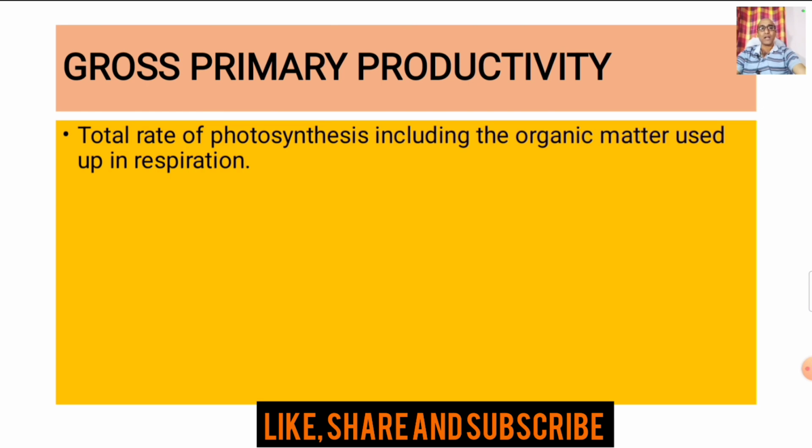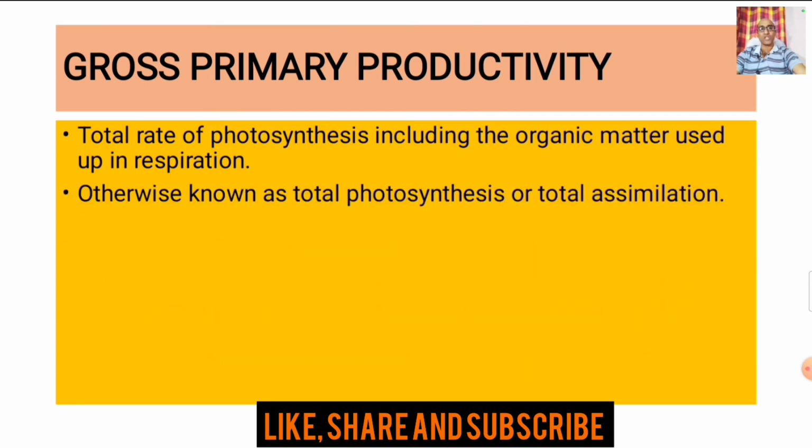So it is the total rate of photosynthesis including the organic matter used up in respiration. So the gross primary productivity is the amount of photosynthetic production including that used up during respiration. It is otherwise known as total photosynthesis or total assimilation.